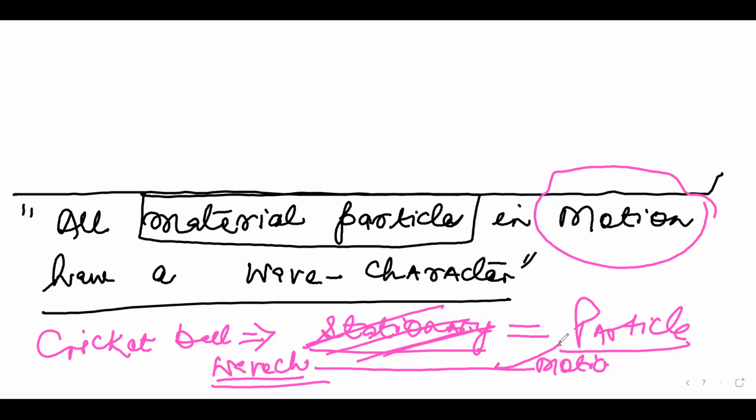And what about the nucleus? Nucleus, particle, wave या dual? Particle. Particle because nucleus has a mass, but it is never in a state of motion, so a nucleus will always be treated as a particle. And what about electron?